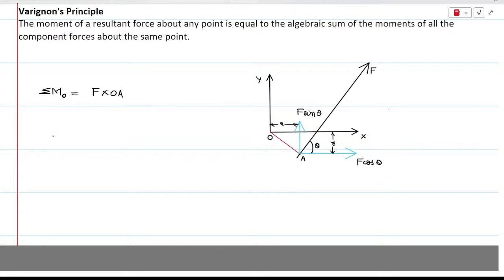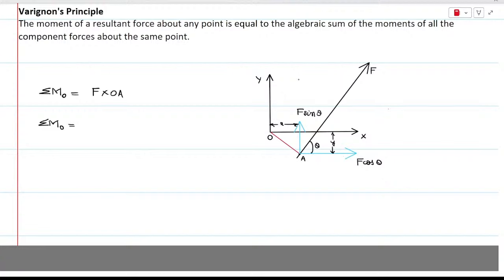So with respect to point O, the x component and y component will produce a counterclockwise moment. About O, if you observe, this is producing a counterclockwise moment. The arrow is being directed upwards. Same way, about point O, F sine theta will produce counterclockwise and F cos theta also produces counterclockwise.